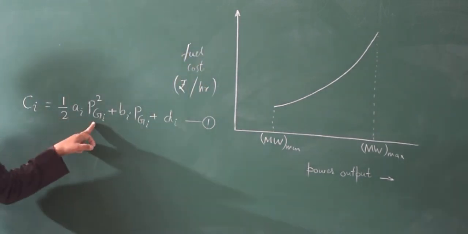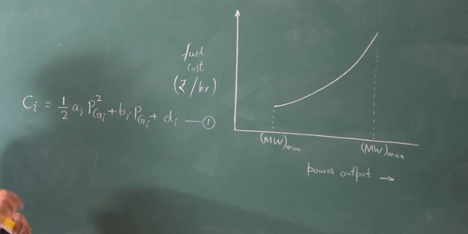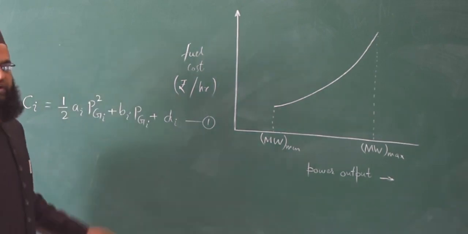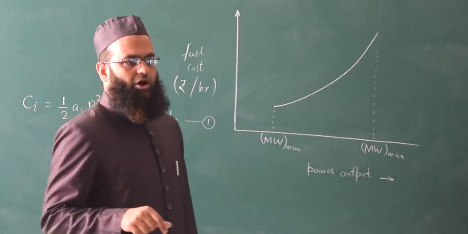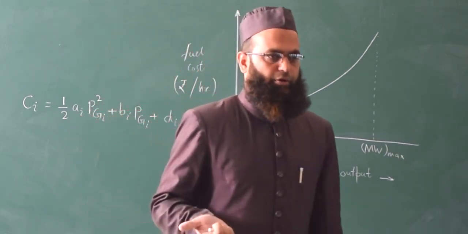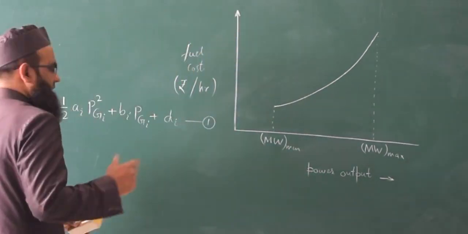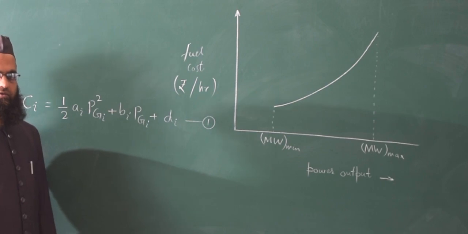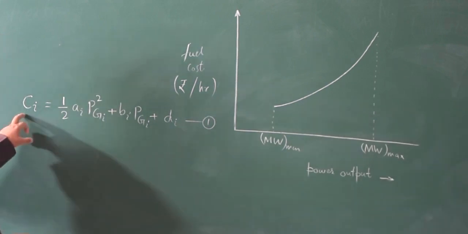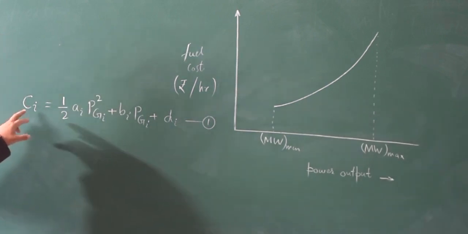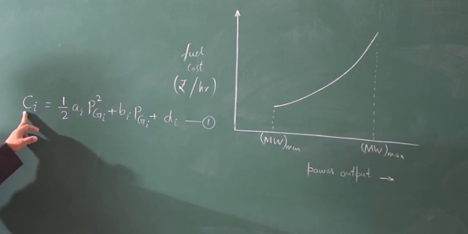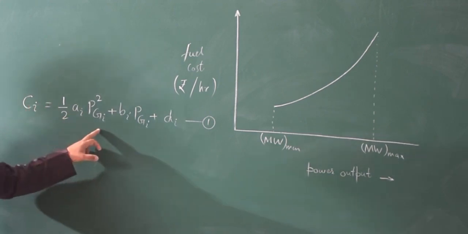So this is a variable, like you said half ax square plus bx plus c, this is a polynomial of order 2, a quadratic polynomial, right? There x is the variable, so by varying x you get different f. So here our function is cost and it depends on which variable? pgi.